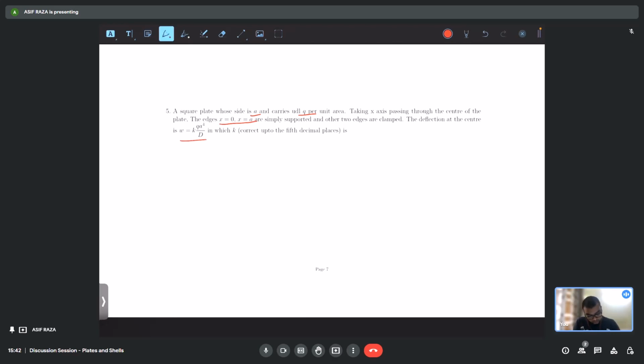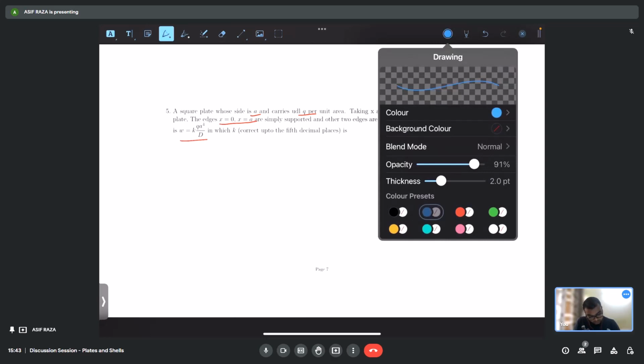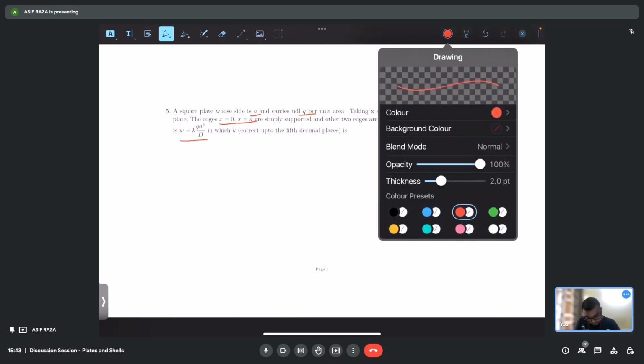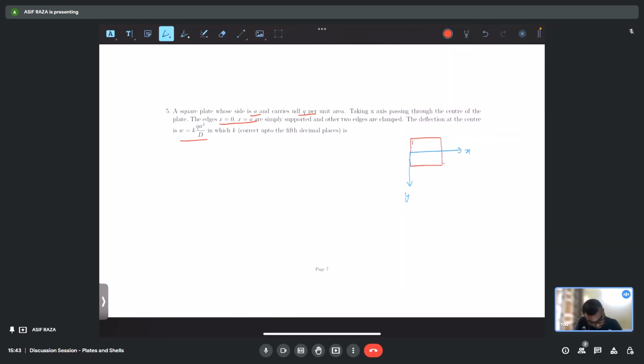So we have the plate, a square plate. The x-axis passing through the middle, edges x equal to 0 and x equal to a are simply supported, the other two edges are clamped.